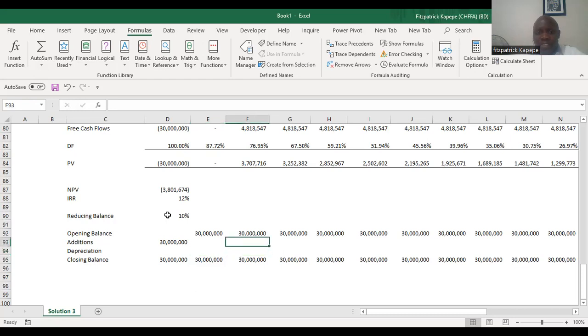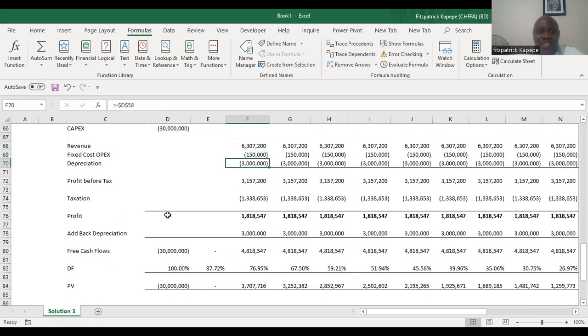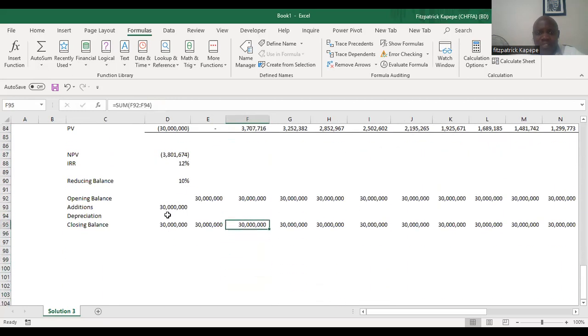So in this case, if you check where we started depreciating, it was during commercial operation. So I'll start from here. I'll do it like this: minus the opening balance, because that was the asset base, times your reducing balance of 10%.